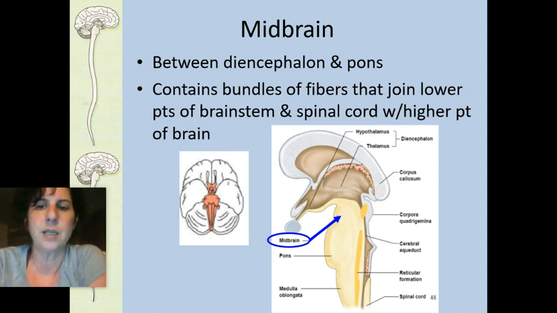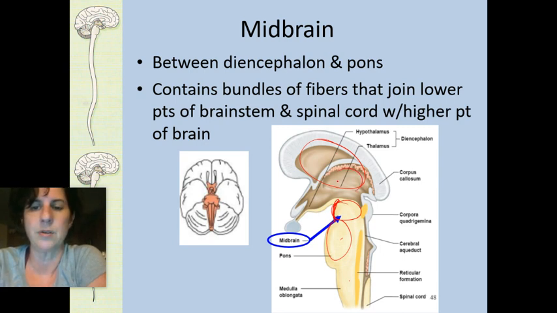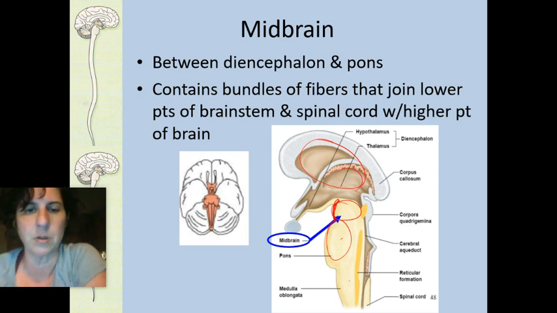So here's the diencephalon in this region right in here, right? And so it's between the diencephalon and what we call the pons. So it's just this sort of region in here. Notice there's not a big difference in those 3, except that this is like the first bulge. So you come down here, here's the thalamus, it's right posterior to that, or inferior, I guess, would be a better term.